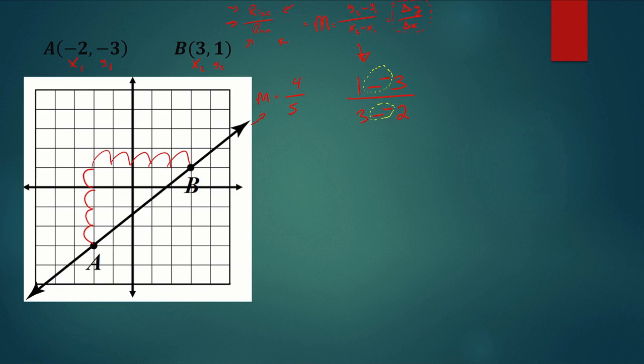In this case, we have 2 negatives. So it actually becomes 1 plus 3 in the numerator and 3 plus 2 in the denominator, and then we simplify. When we simplify, you just add the numbers in the numerator, add them in the denominator, and then if you can further divide or simplify, you do that. But in this case, on the numerator, we get 4. In the denominator, we get 5. Once again, my slope is just 4 over 5, right?